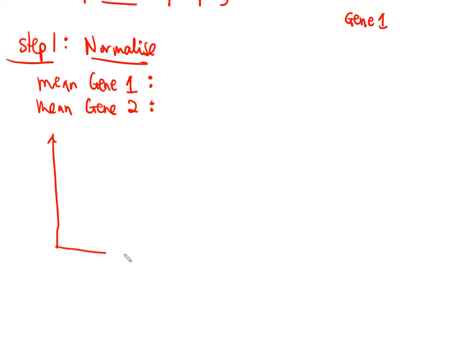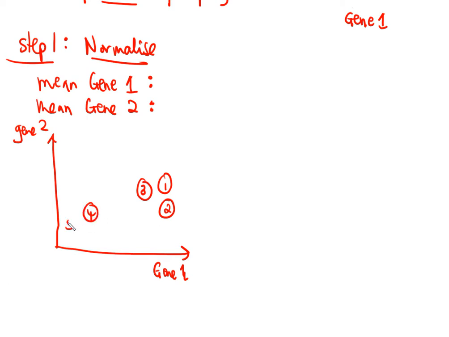We have the data on a plane where this is gene 1 and this is gene 2, and here we had points 3, 1, 2, and 4, 5, 6. When we calculate the means, what is the mean for gene 1? Let's just say the mean for gene 1 is somewhere here, and here is the mean for gene 2.